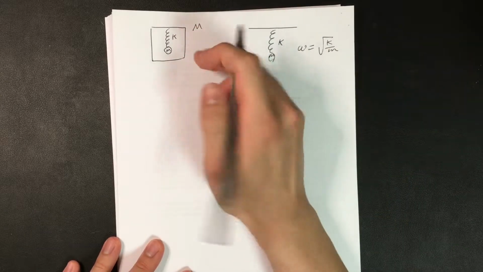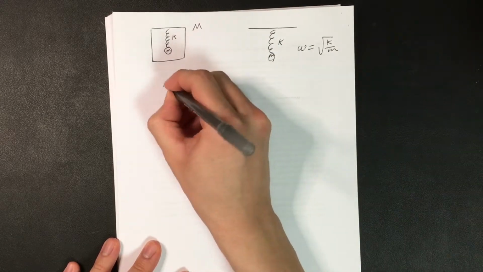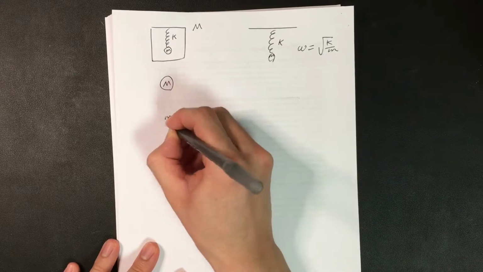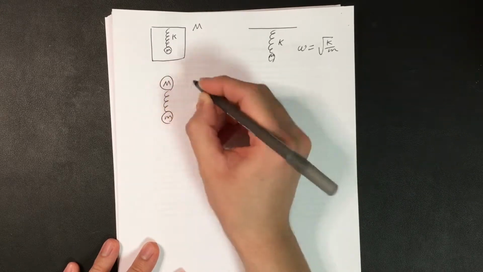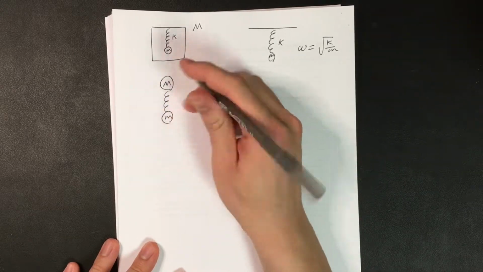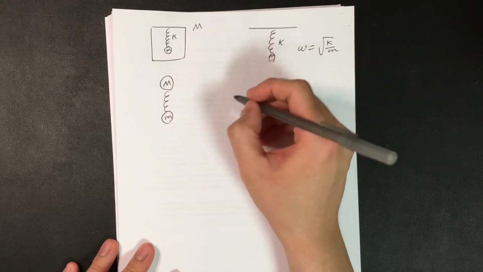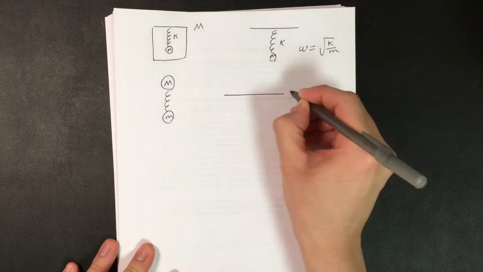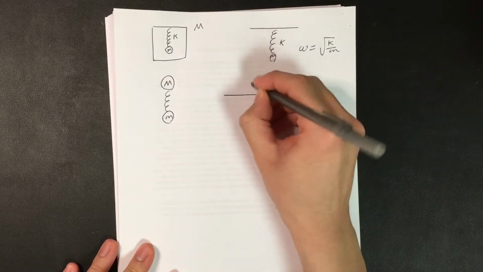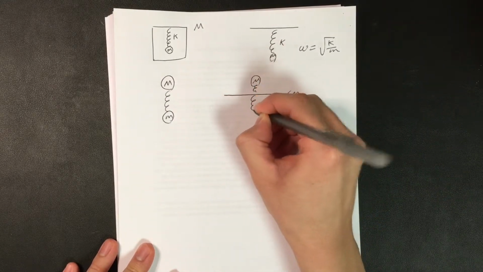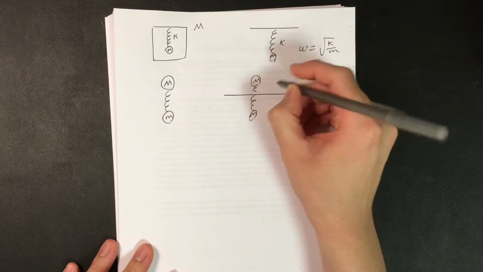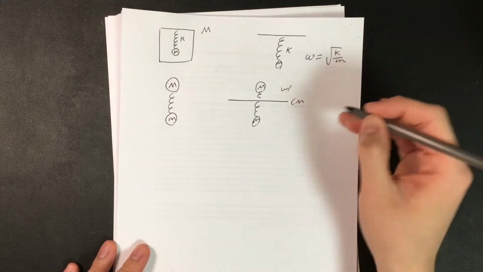However, if the box is under free fall, then the situation is equivalent to the two masses, big M and small m, connected to a spring that oscillates together. And the oscillation of the two masses can be thought of with respect to the center of mass of those two objects. Mass big M and mass small m oscillate at the same frequency omega prime.